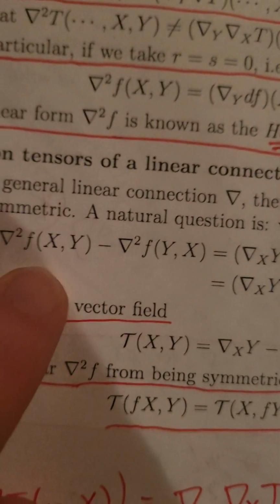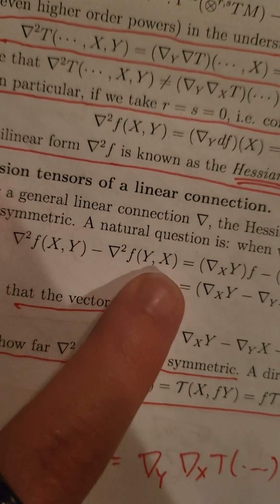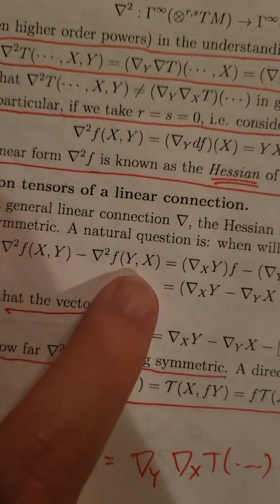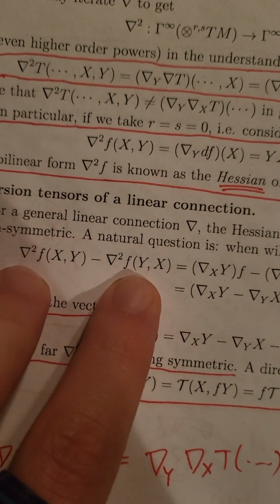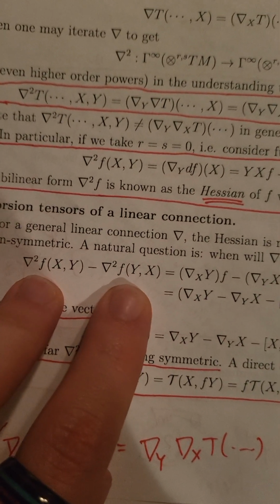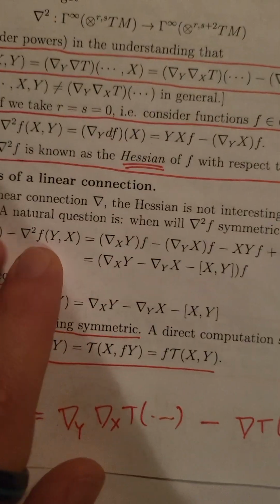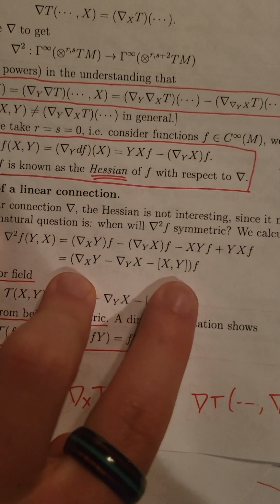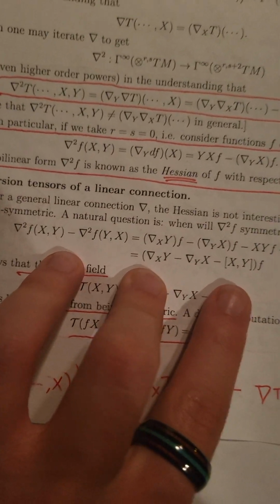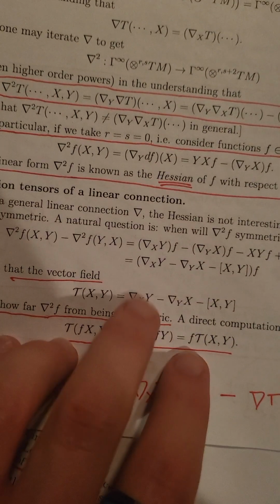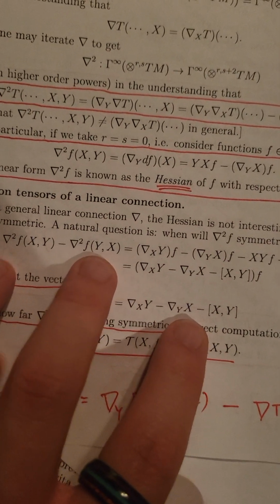Okay, so it turns out that if you look at the antisymmetric part of the Hessian, nabla squared f of x comma y minus nabla squared f of y comma x, basically the part of the Hessian which doesn't commute, then by definition you get the torsion acting on f. Okay, so this is really important, and so we can require for the Hessian to be symmetric, that quote unquote partial derivatives commute.